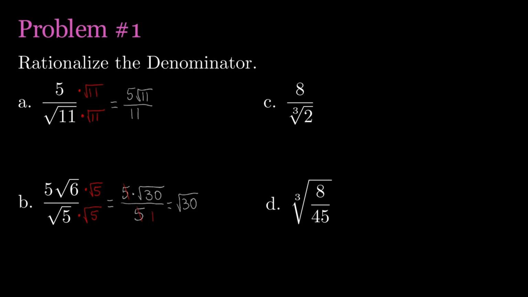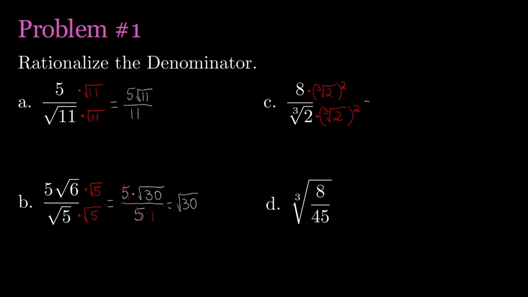We only have one of those cube roots of 2 in that denominator, so we need to multiply 2 more. And 2 more of the same thing is the square of that thing. So we're multiplying the cube root of 2 squared into both the numerator and denominator.